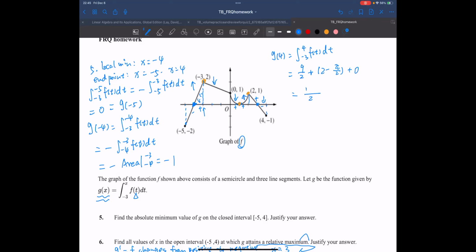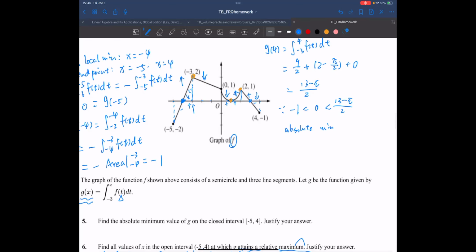Because -1 is the smallest one, we can see that the absolute minimum value is g of -4 equals -1.